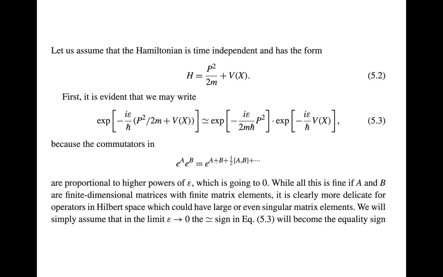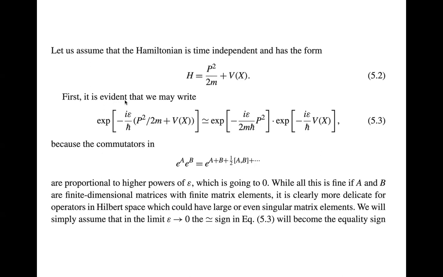Let's start from the Hamiltonian. Let's assume the Hamiltonian for this one particle is time independent and has this expression, p squared over 2m plus the potential experienced by this particle. This can describe an electron moving in one dimension, or whatever particle is moving in one dimension.